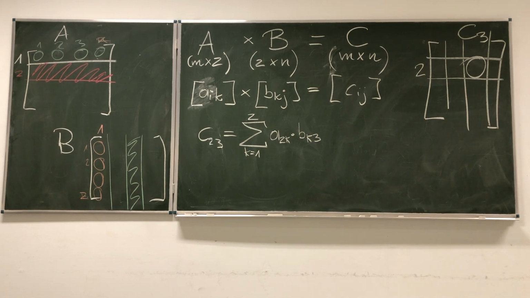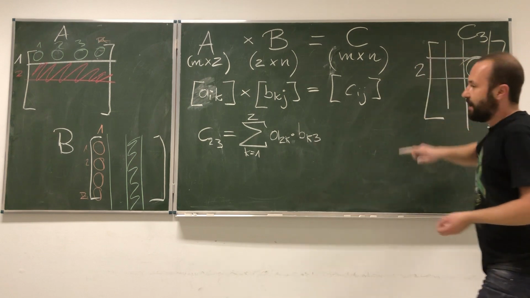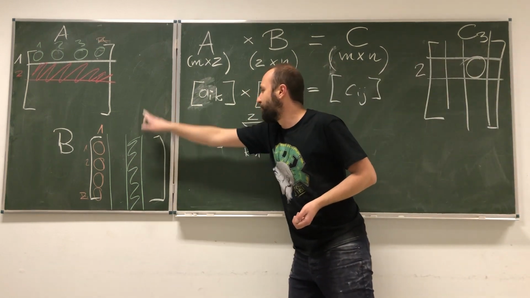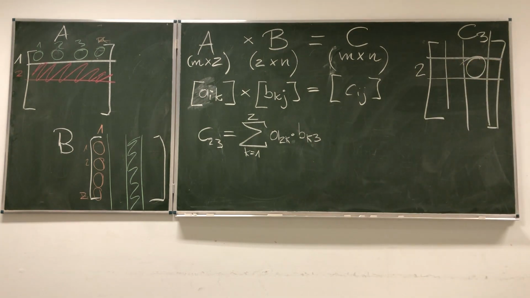But remember, when I move along the row, I use columns. This is why I use the second dimension here. And when I am in the third column and moving across the rows, this is why I have k here as the first dimension.